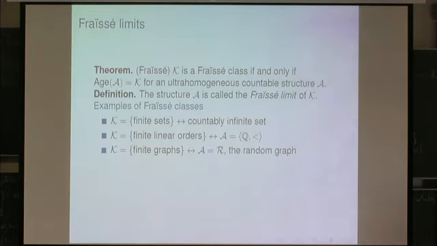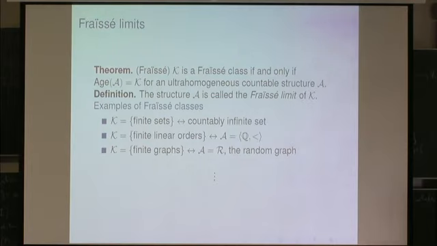And if we take the collection of finite graphs, then the limit will be the random graph or Rado graph or Erdős-Rényi graph, which is the following. You take infinitely many vertices, and to decide the connection between two vertices, you flip a coin. So this is a probabilistic construction, and surprisingly, with probability 1, you will get the same graph up to isomorphism.